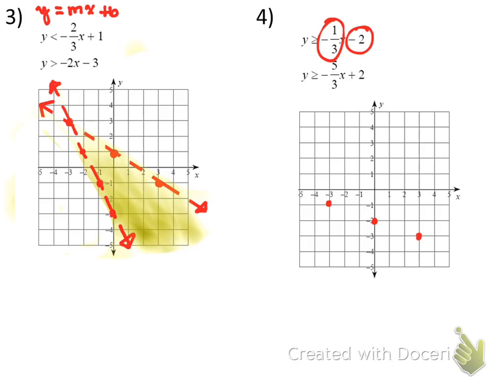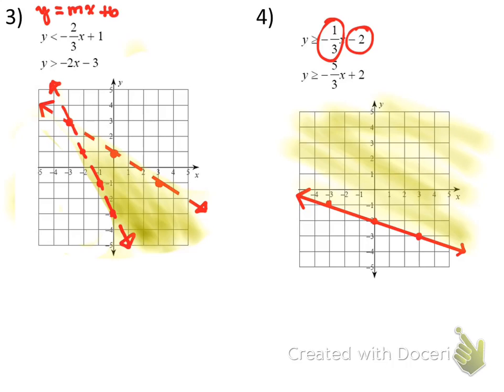And when you do that, you get this line here. And you know it's solid. Why is it solid? Because it's equal to. Also includes equal to solutions, okay? And of course you shade above. Why do you shade above? Because it's greater than. Okay?